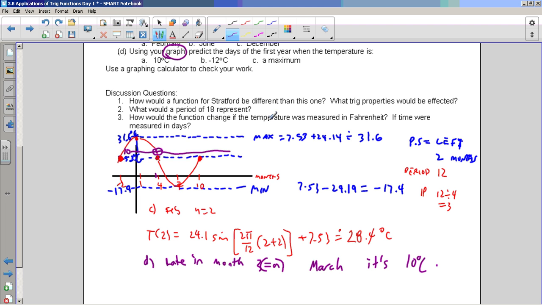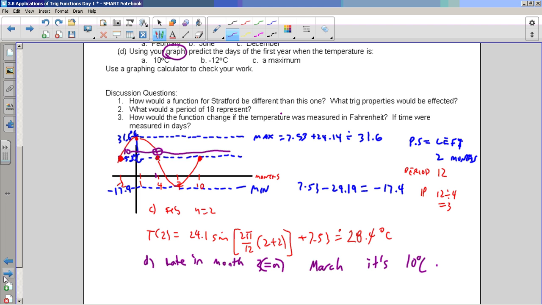How would the function change if the temperature was measured in Fahrenheit? If the temperature was measured in Fahrenheit, probably it would just be moved way up. Maybe the amplitude would change because the minimums and maximums would be further apart. This scale would change. The other things wouldn't change. These are good what ifs. I'm not worried about the rest of the details.